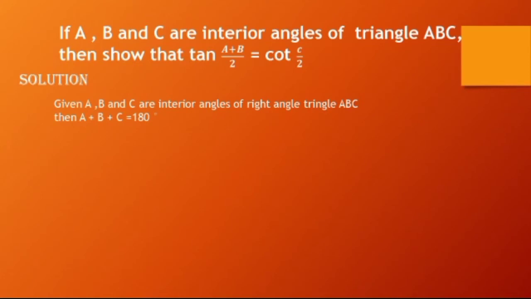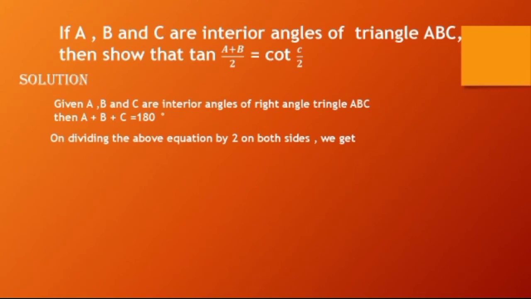On dividing the above equation by 2 on both sides, we get A/2 + (B + C)/2 equal to 180/2, which is 90°. Now transpose A/2, then we get (B + C)/2 equal to 90° − A/2.